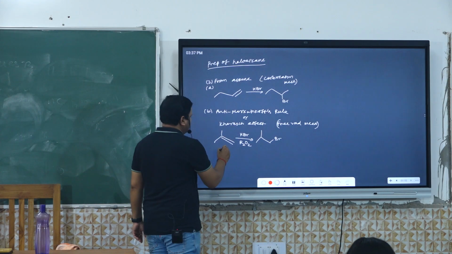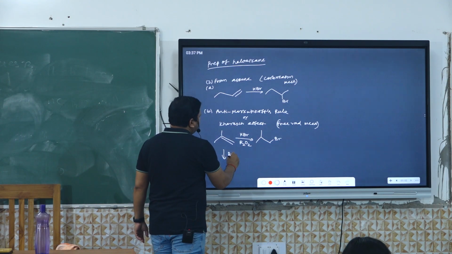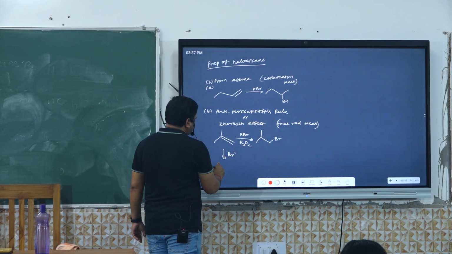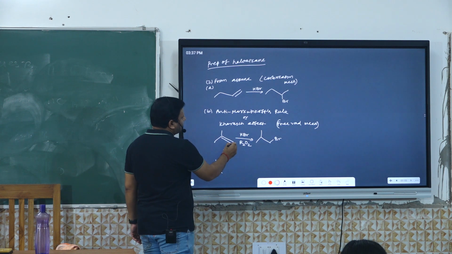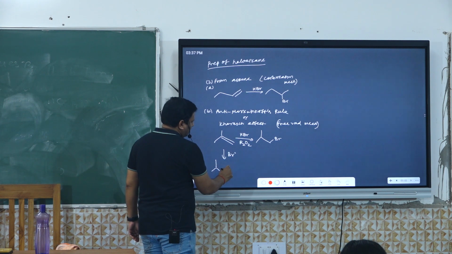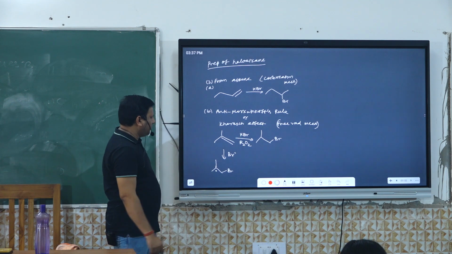In the next step, this free radical picks up hydrogen to form a bromine free radical. Now the bromine free radical will attack the alkene. There are two possibilities. If the bromine free radical attacks this carbon, this is the free radical formed.